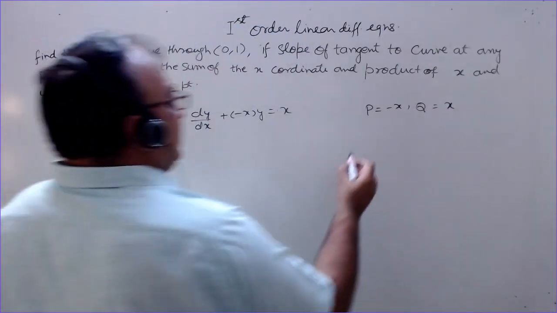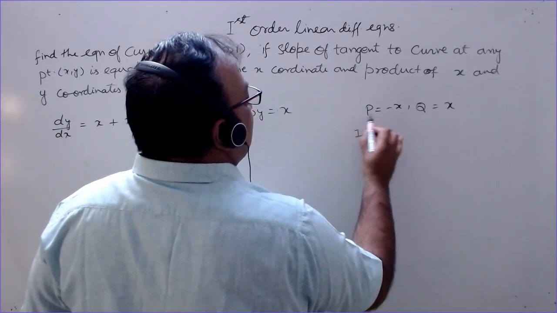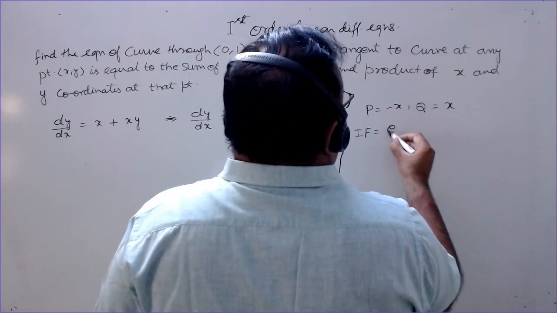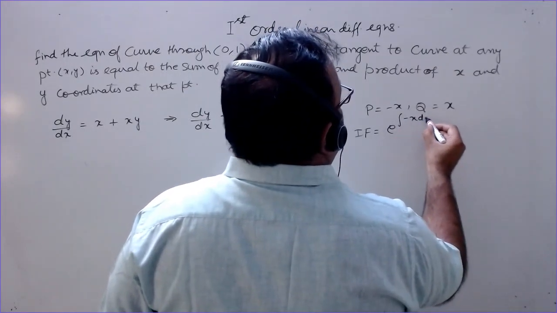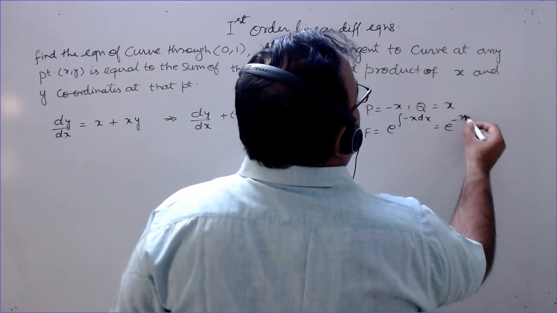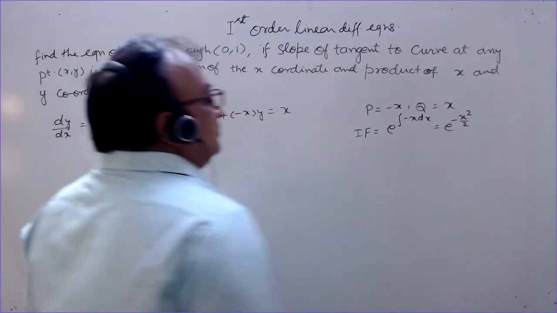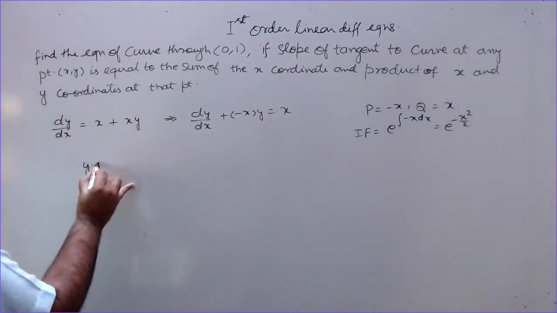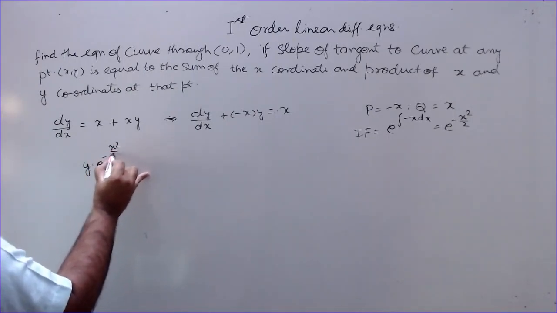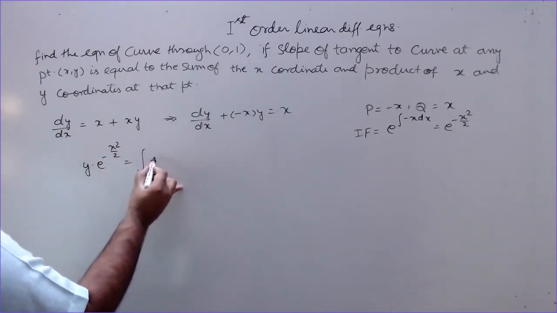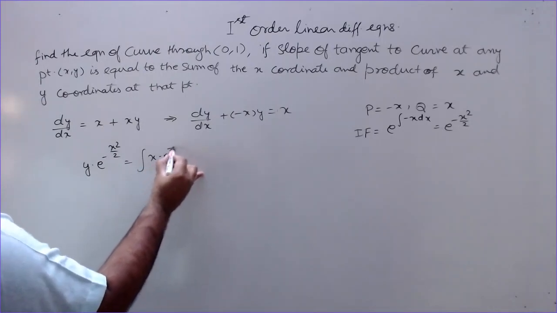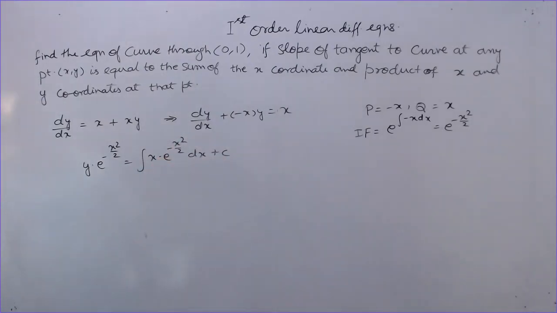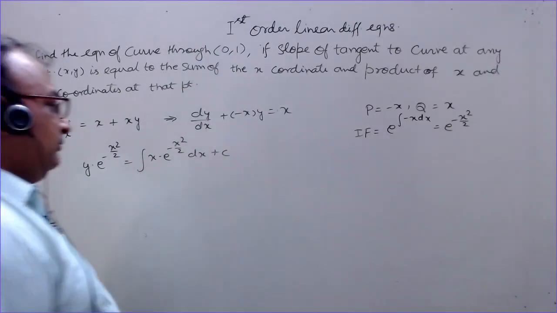So the integrating factor is e to the power integral p dx, minus x dx, or e to the power minus x square by 2. The solution becomes y into IF is integral q into IF dx plus c. So this integration can be solved.